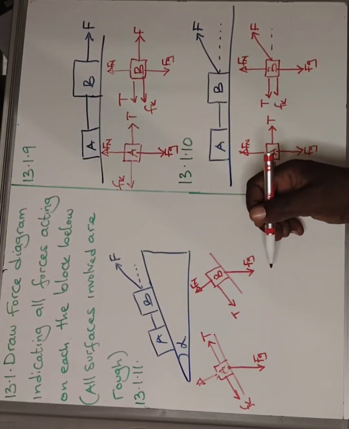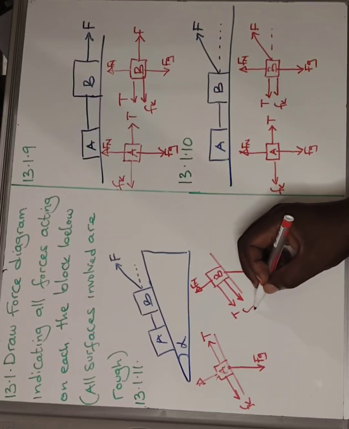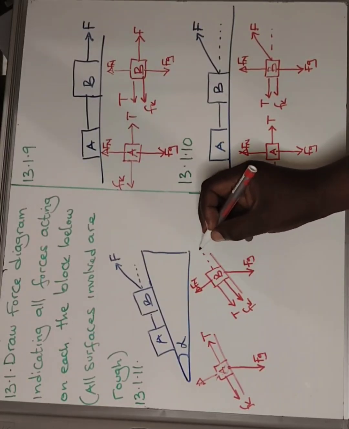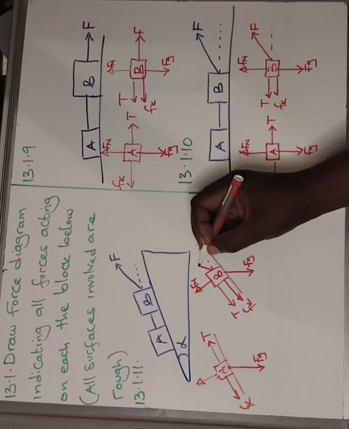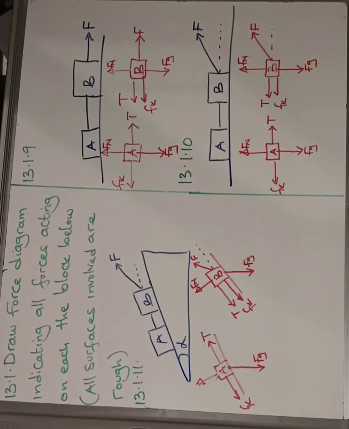It is on the rough surface, so it comes with Fk. Our force here is a two-dimensional force. So technically, this is what we have for our B. So these are the two force diagrams indicating all the forces on A and B.